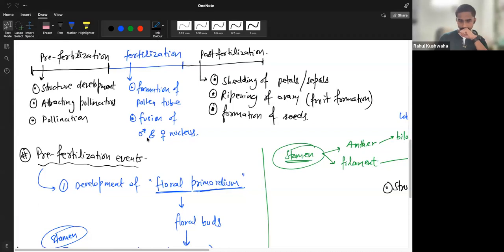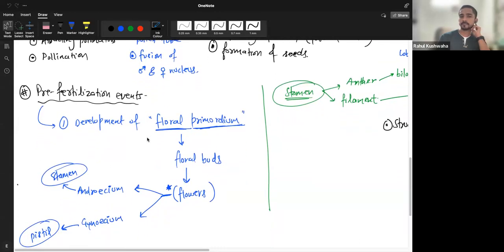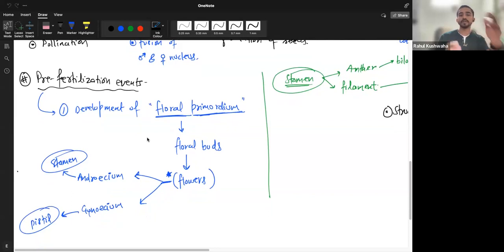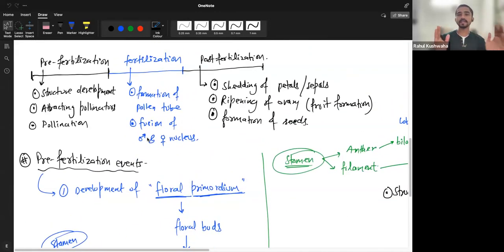How the androecium and gynoecium develop, right? So we can broadly categorize the whole process of sexual reproduction in flowering plants into three categories. One is pre-fertilization, what happens before the fertilization takes place.